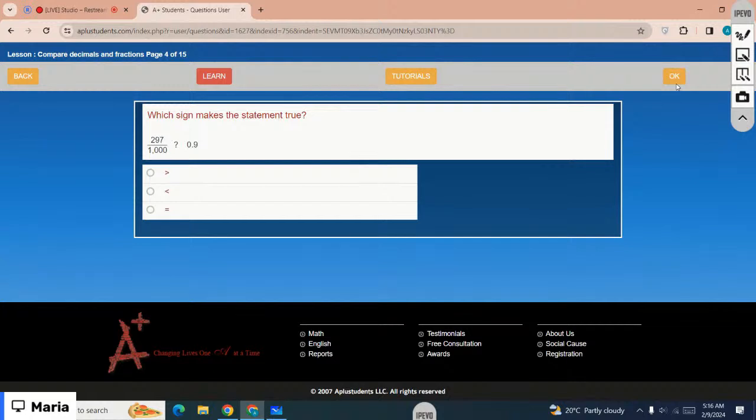Which sign makes the statement true? 297 over 1000 and 0.9. So which is the correct option?